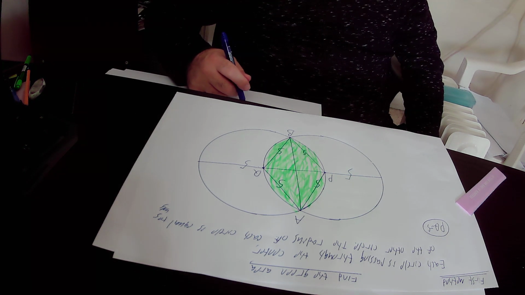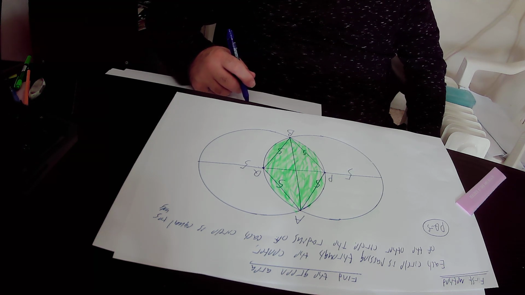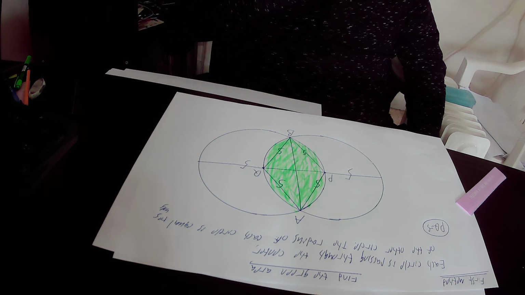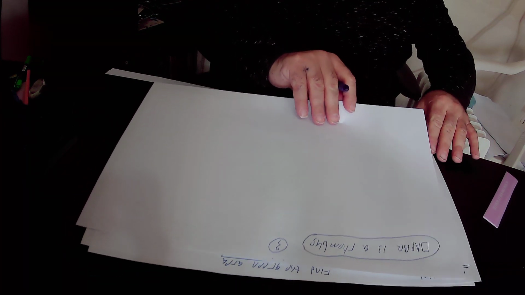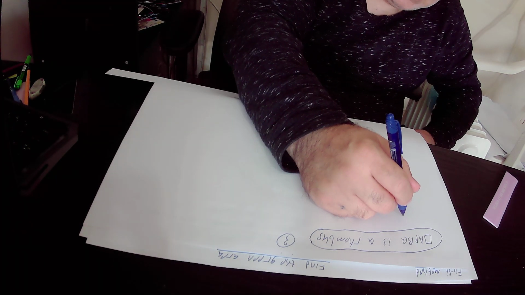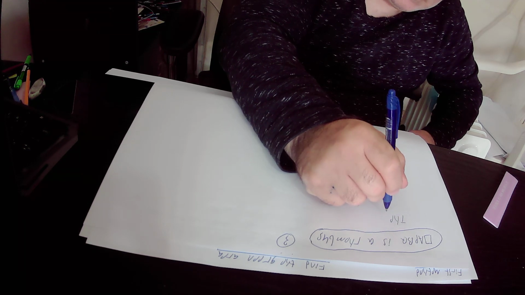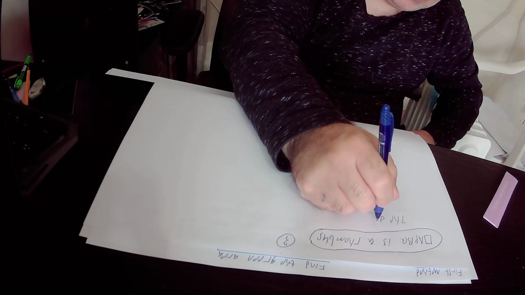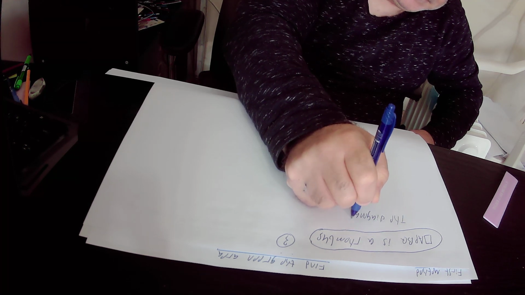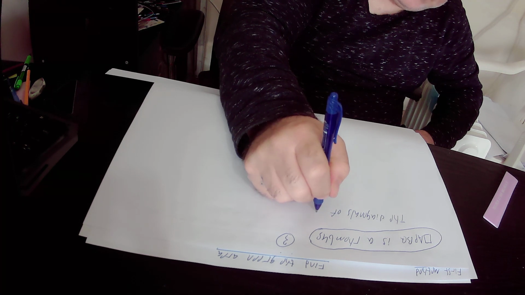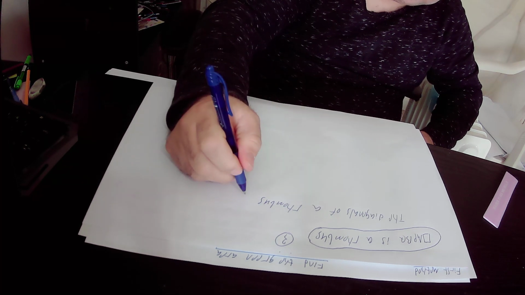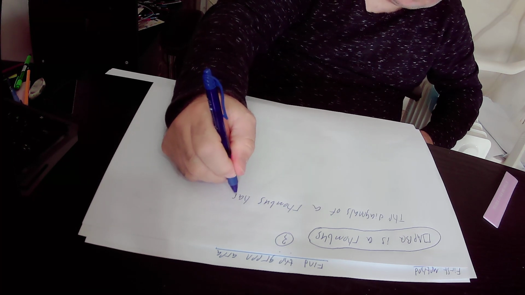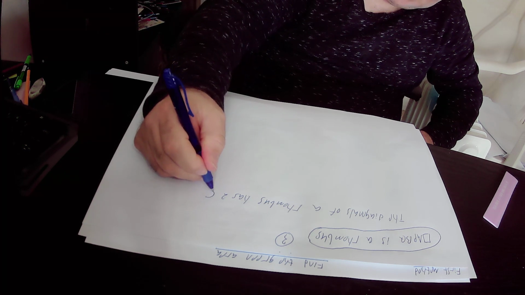And the diagonals of a rhombus have 2 characteristics that are relevant to this question. So I write them down. The diagonals of a rhombus have 2 characteristics.